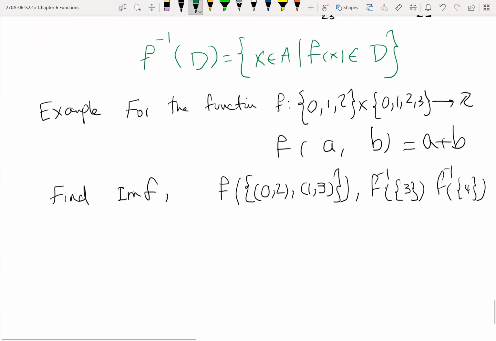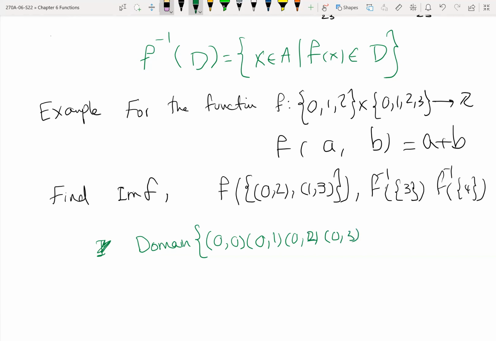Can we try it? What's the possible image of this function? I'm going to make what's possible in the domain. Do you like the table or no? So you have (0, 0), you have (0, 1). You know how to make this one, right?